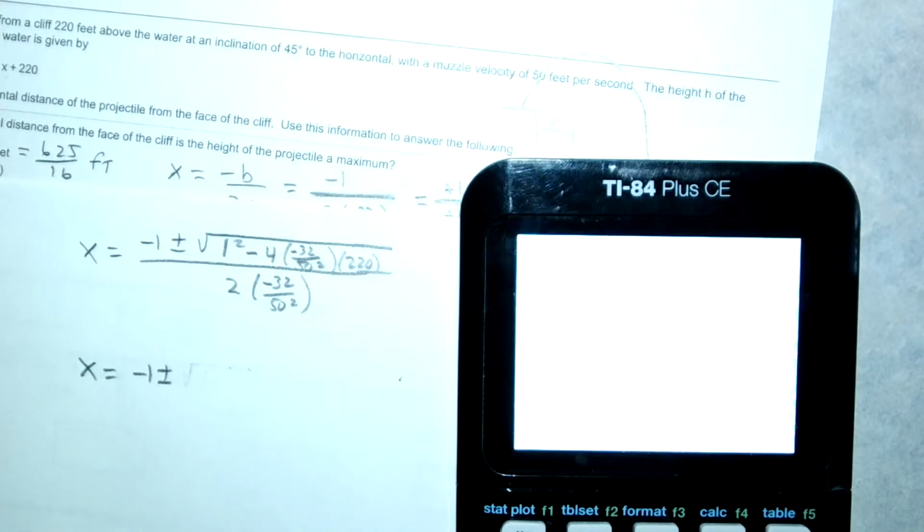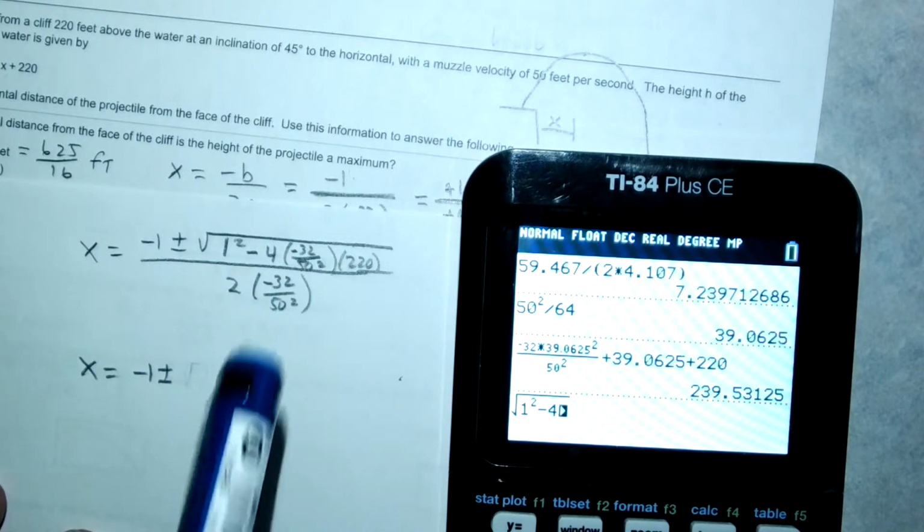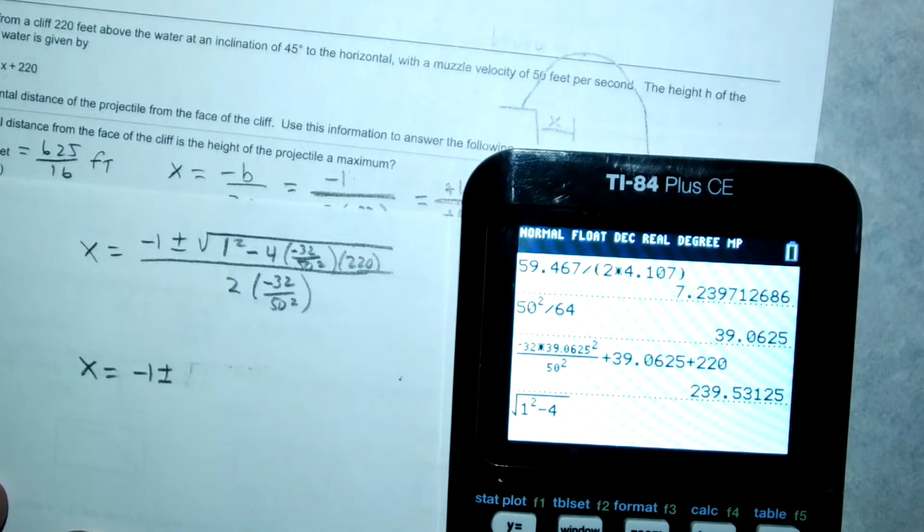Okay, so I'm first going to take the square root, so second square root, which is right above the x squared, and I'm going to go with 1 squared, and then it's minus 4, and then when I see that I have to multiply by a fraction, I'm going to use that fraction feature again and hit alpha y equals, pick out the fraction button, and oops, my 4 ended up in the numerator.